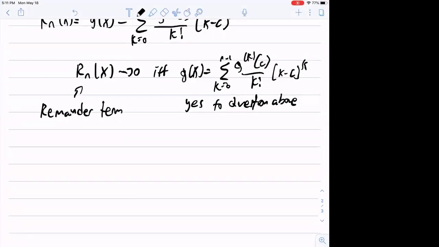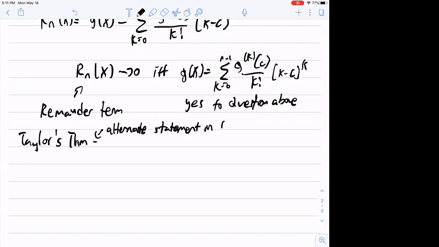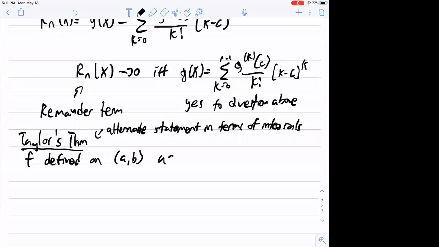Okay. So here comes Taylor's theorem. I'm going to give the main statement. There's an alternate statement in terms of integrals. I'm not going to put that because we didn't really go over integrals yet; I feel that's next chapter. So anyway, let's continue on. So f defined on (a, b), with a less than c less than b.